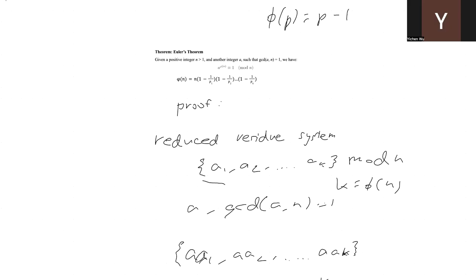It's messy, okay. After we multiply this, these all become 1. So we just get 1 equals a to the k mod n. And above here, we defined k as phi of n. So this just proves Euler's theorem. And again, this is a generalized form of FLT.